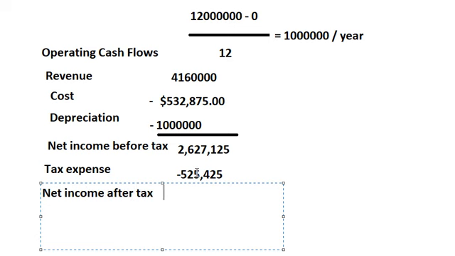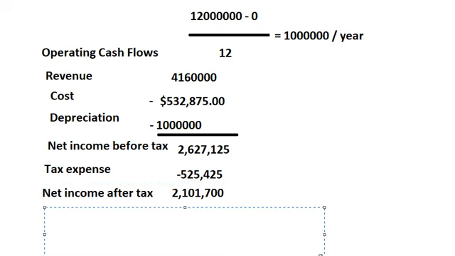So we use this one minus this one. And that is 2,101,700. So after we got this one, we need to add back depreciation, because depreciation is non-cash.